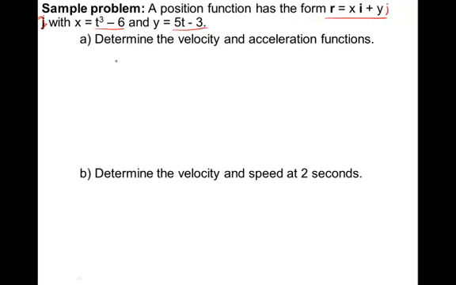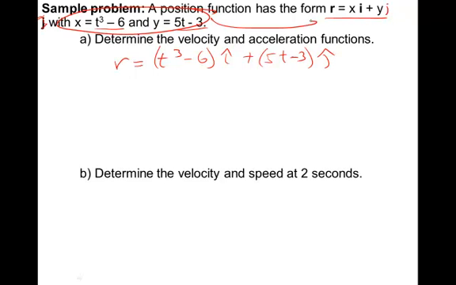Let's just substitute in, and we would get r, our position function, as equal to t cubed minus 6 in the i hat direction, plus 5t minus 3 in the j hat direction. All we're doing is we're taking our functions and plugging them into that vector.